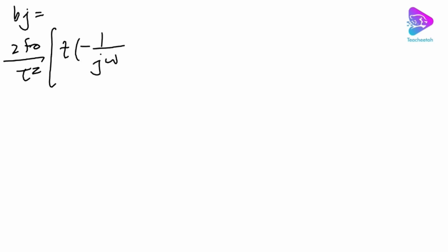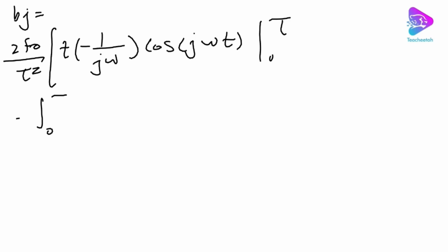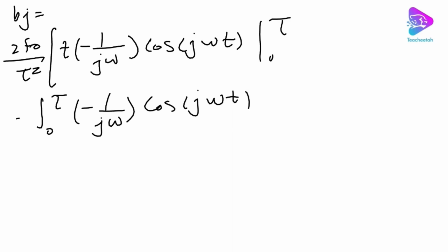So what we get here is bj equal to, I want to expand it, 2 f naught over tau squared times, from integration by parts, uv, which is minus 1 over j omega cos j omega t from 0 to tau, minus the second part, the integral from 0 to tau of v du, where v is minus 1 over j omega cos j omega t, and du is dt here.